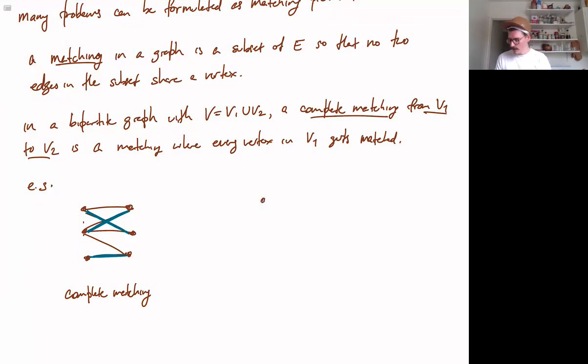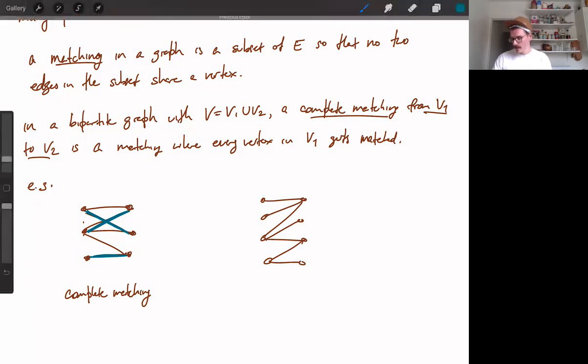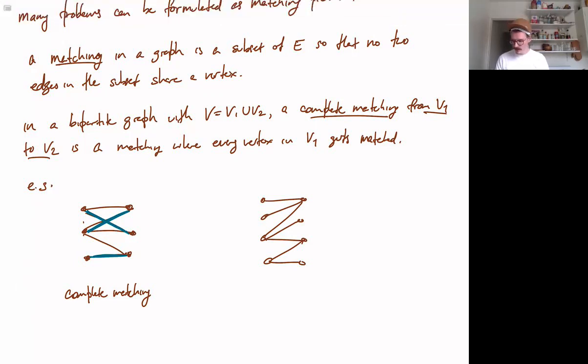And just to give another example, here is another bipartite graph. And let's choose a matching on this one. So this edge matches the top two vertices.